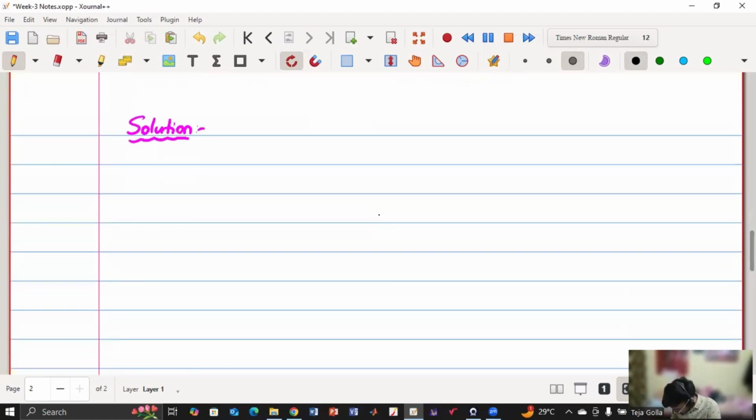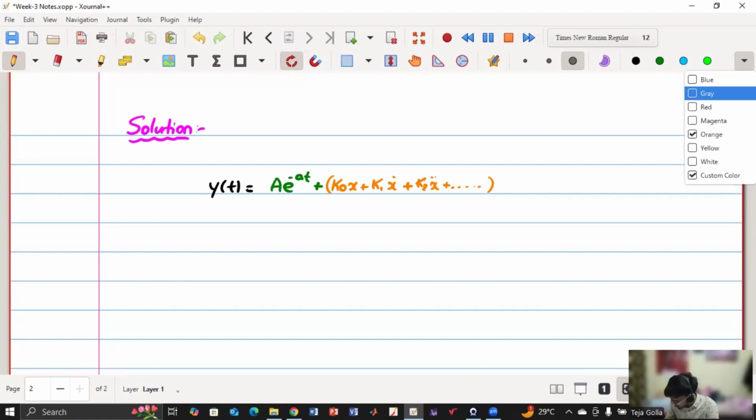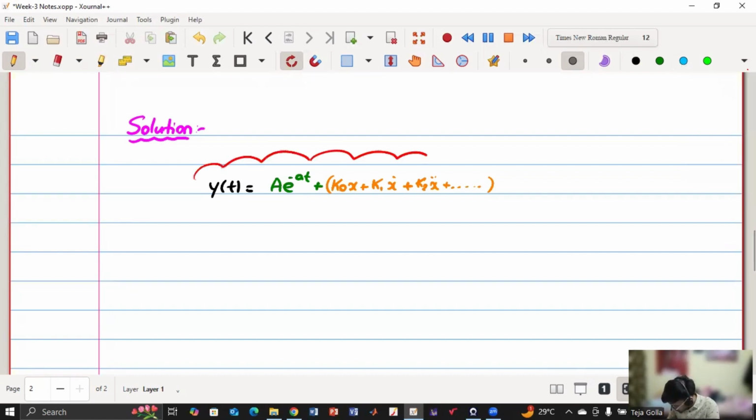The solution is y of t equals, I'll write in two terms so that we'll know, a into e to the power minus at plus the other solution, k naught x plus k1 x dot plus k2 x double dot plus so on. This is the overall expression. This is the overall solution.